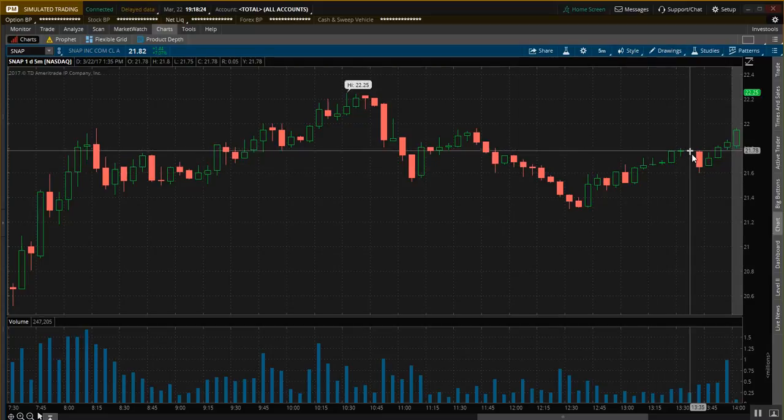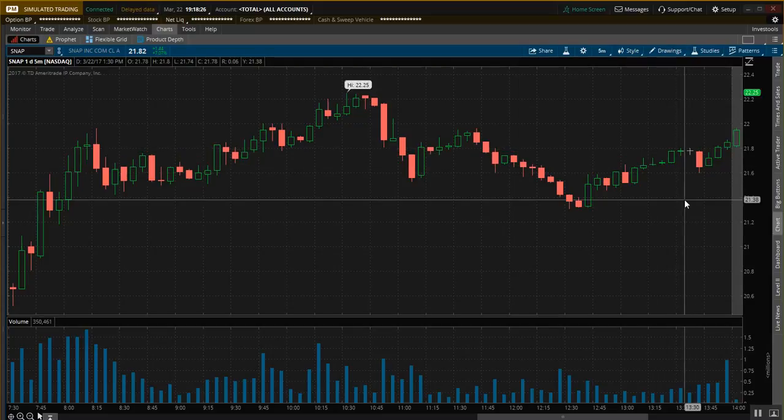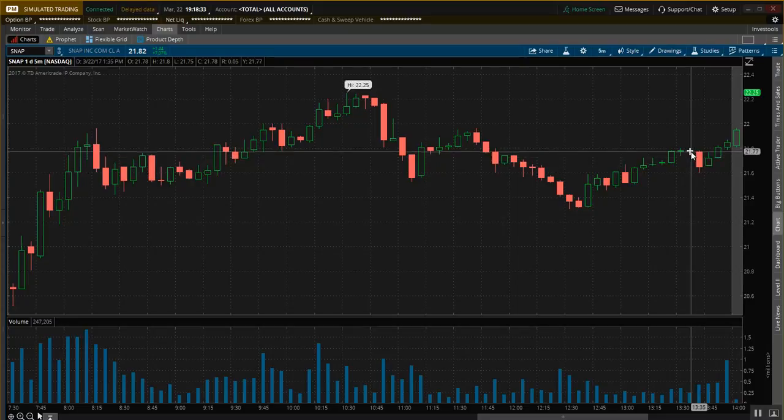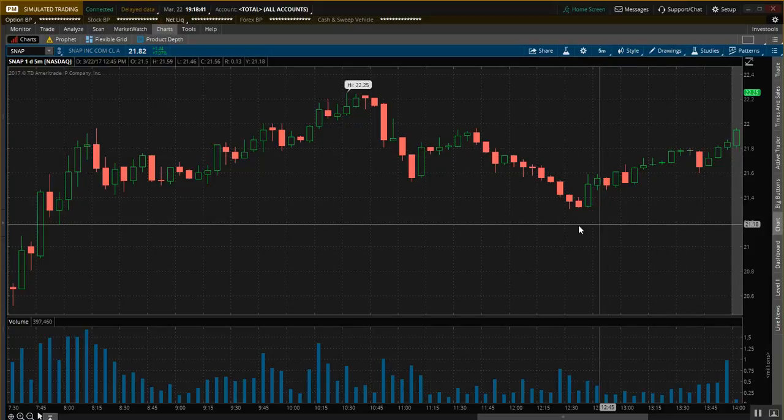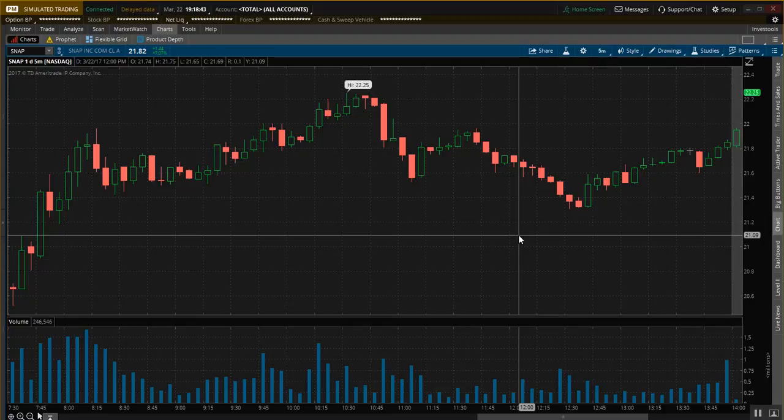If it's below the previous close, it'll be red. So that's something to keep in mind. If it's white, that means that it hasn't moved at all, that it's at the exact same price as it was this last candle. So basically that's all you need to know to be able to read a candlestick chart.